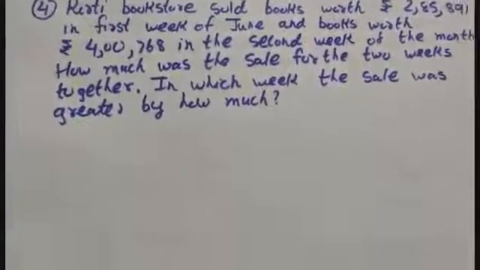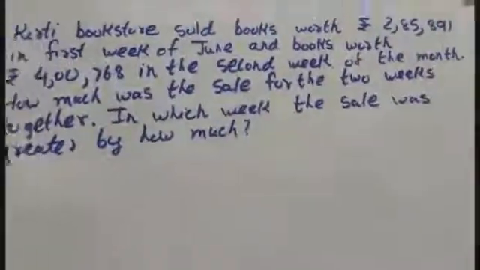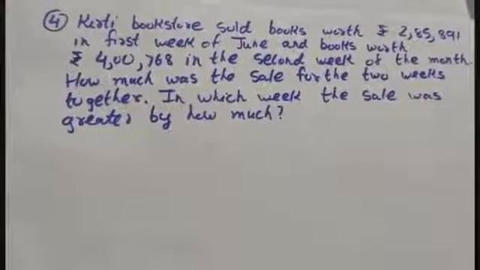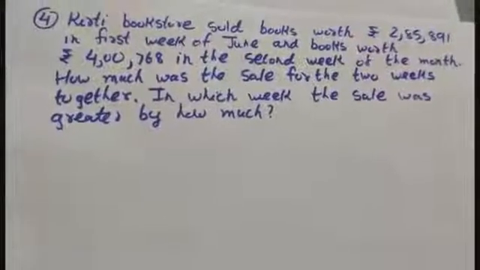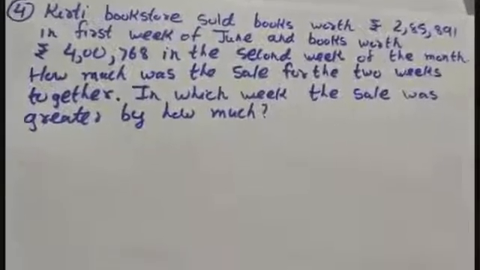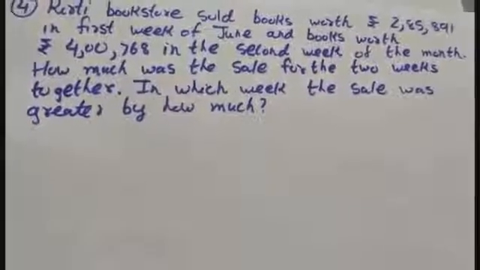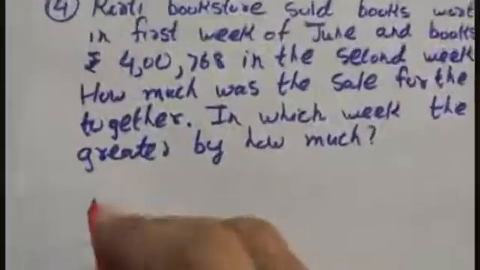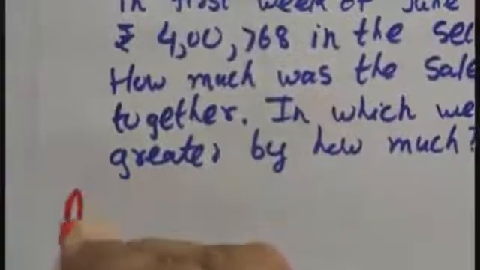By how much? So here two questions are asked. In the first question we have to find the total sale of 2 weeks, so we'll add both the values. In the second part it is asked in which week the sale was greater and by how much. So first we will finish the first part, the solution.